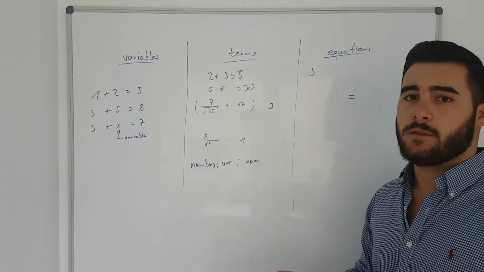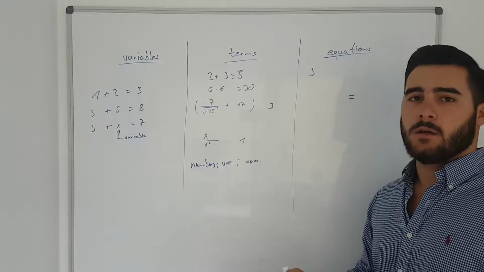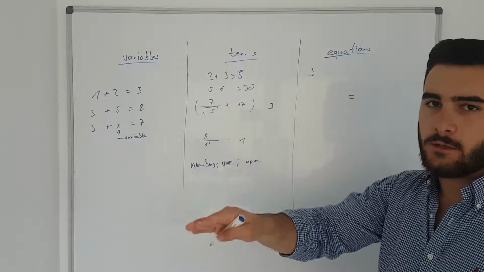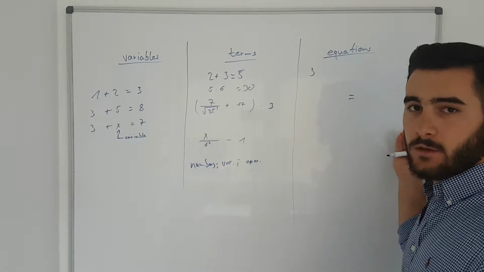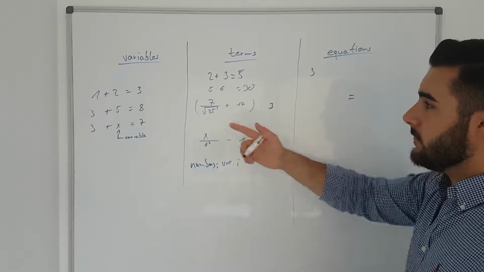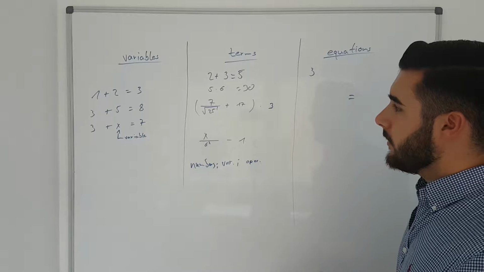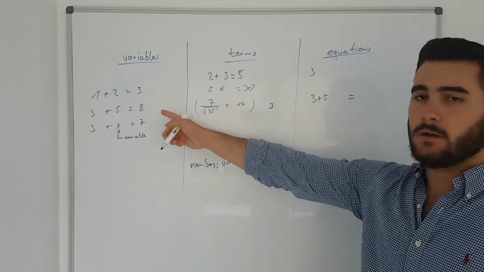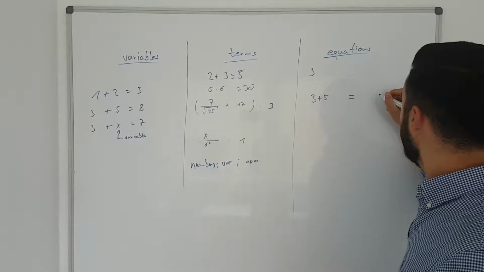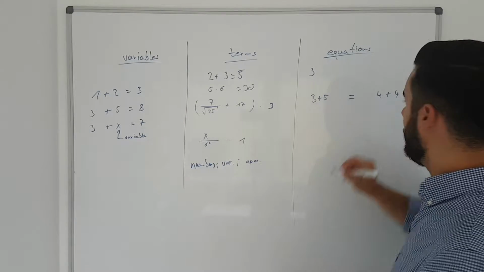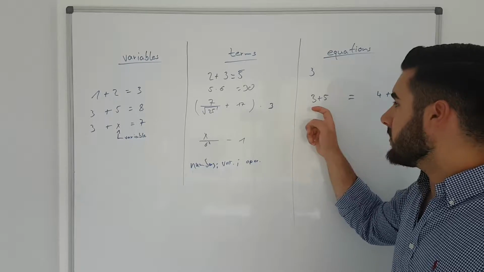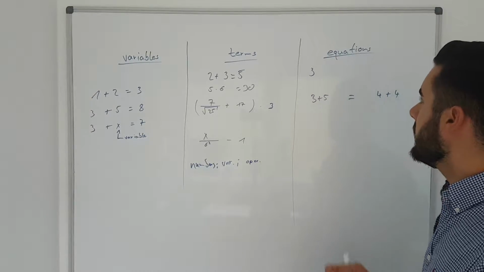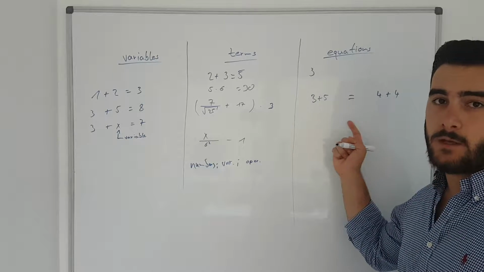In mathematics, the one thing you're calculating on the left has to be the same as what you're calculating on the right. For example, 3 plus 5, you know that it is 8, right? But you can also say 4 plus 4 is equal to 3 plus 5, because both terms result in 8, and that means that they are equally weighted.